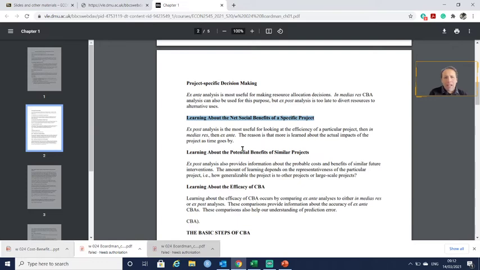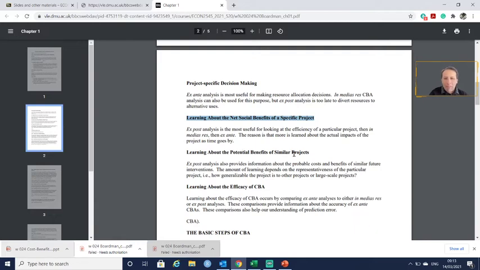And that follows the in medias res and the ex ante, in that order. The reason is that the more we learn about the actual impacts, the more correct an assessment we will have of whether we have positive net benefits.